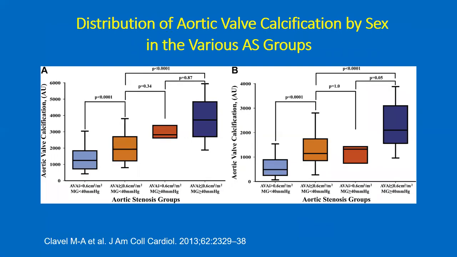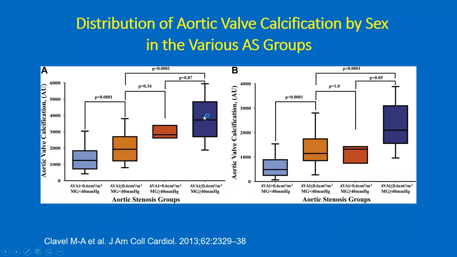Now, the distribution of calcium is gender related. Women have a lower calcium burden for the same severity of aortic stenosis, due to predominant fibrotic changes in the aortic valve. Compared with patients with moderate aortic stenosis, here are the males, here are the females.